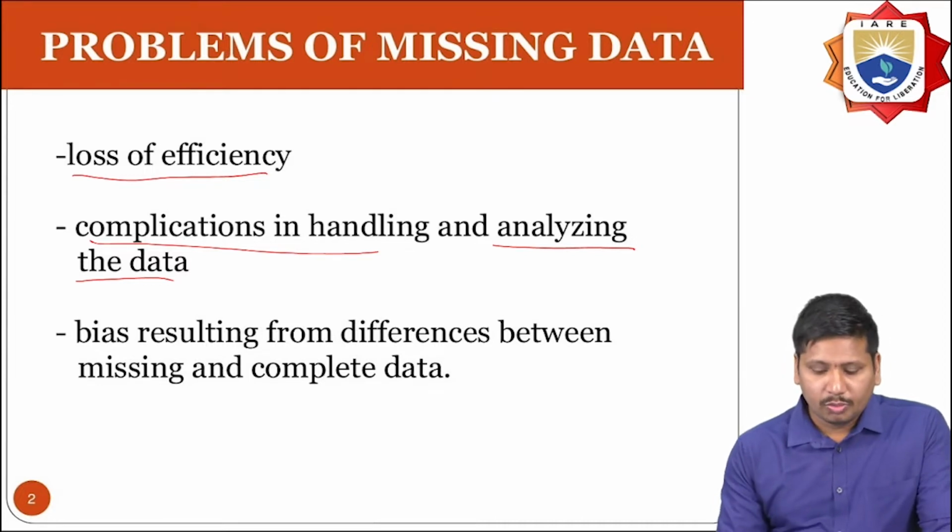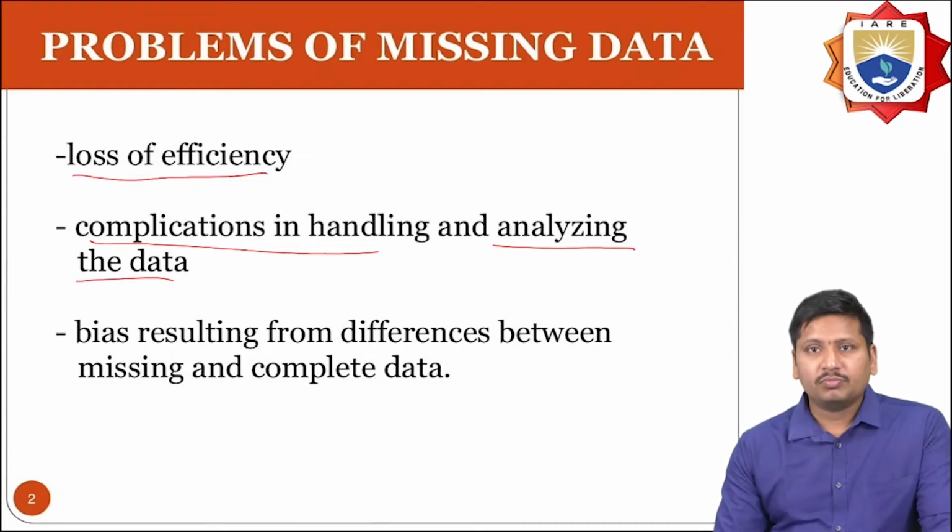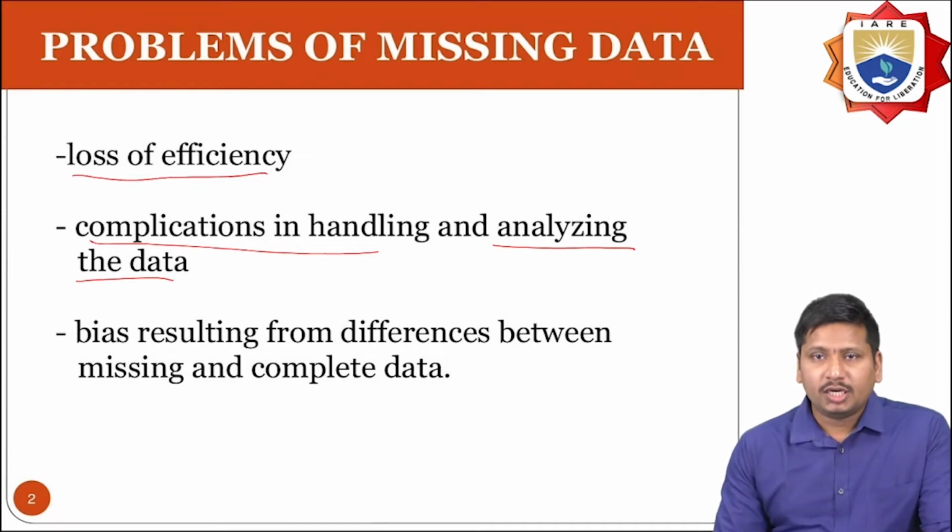Bias also occurs due to that, and differences between the complete data and missing data may also occur. So these are some of the problems of missing data: a lot of loss of efficiency, complications in handling missing data, difficulty analyzing the data, and bias when taking the differences between missing data and complete data.